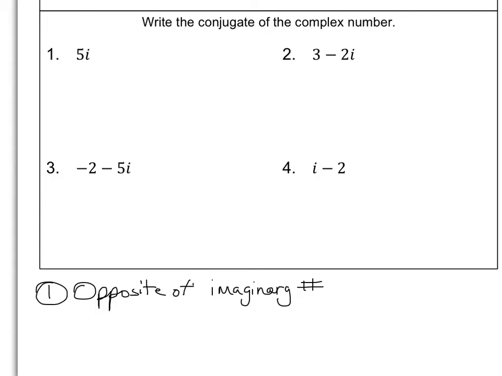Okay, always take the opposite of the imaginary number, and part 2 says the real number stays the same. It doesn't change. So if it's positive, it stays positive. If it's negative, it stays negative. Okay, so let's take a look here at the first example.